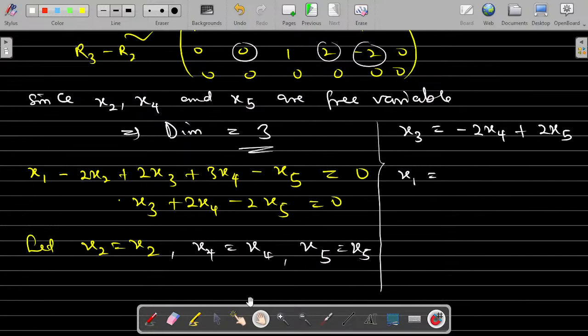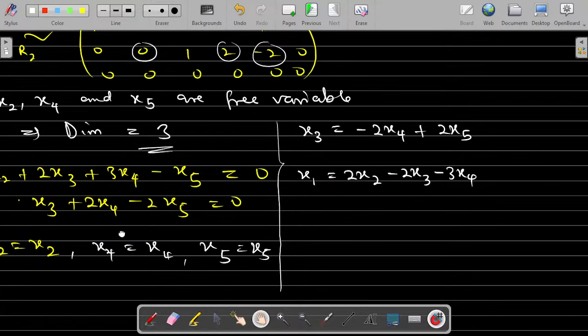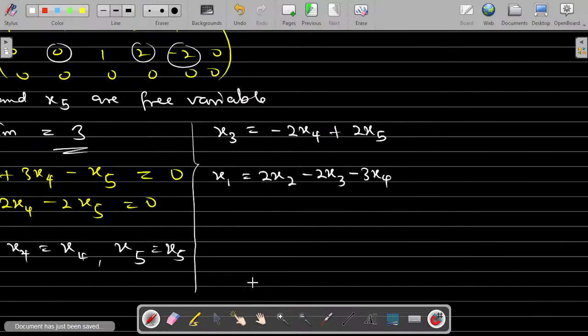So x2 will be here, so you are going to have positive 2x2 minus 2x3 minus 3x4, then minus x5 will come over to give us plus x5.